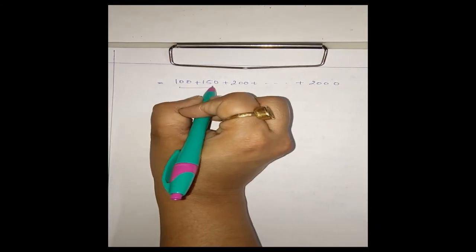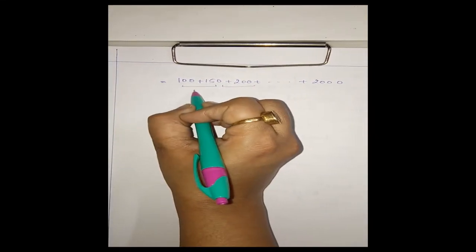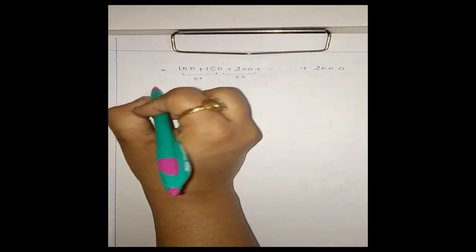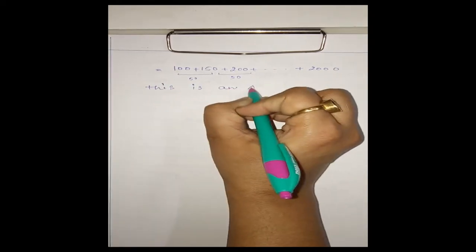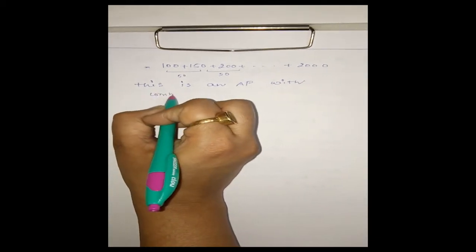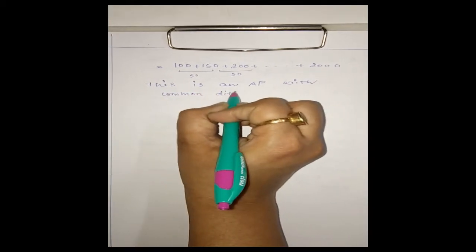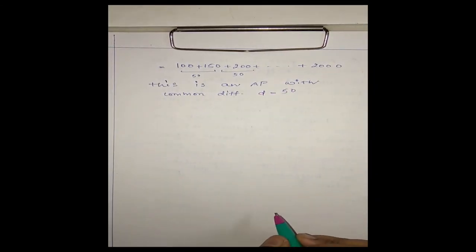Now 150 minus 100 is 50, 200 minus 150 is again 50. That is, this is an AP, arithmetic progression, with common difference d equal to 50. Clear?